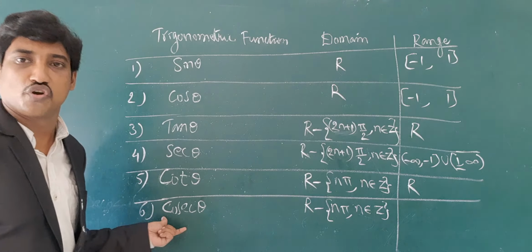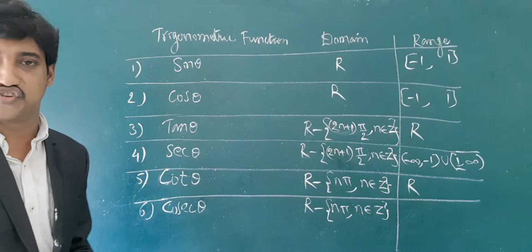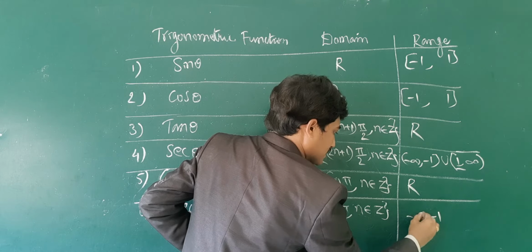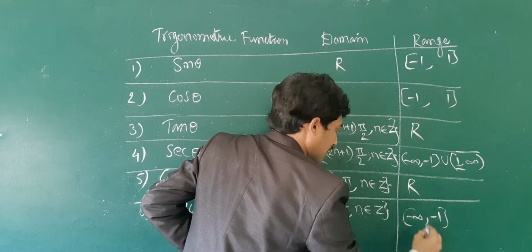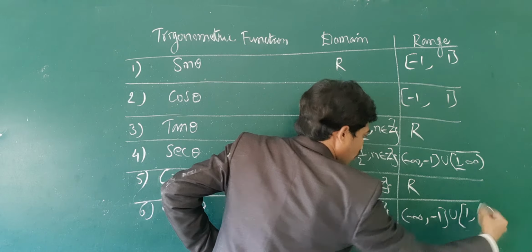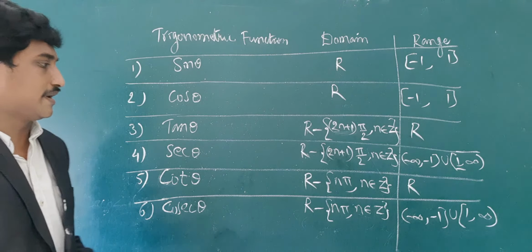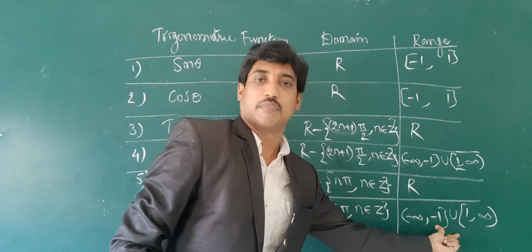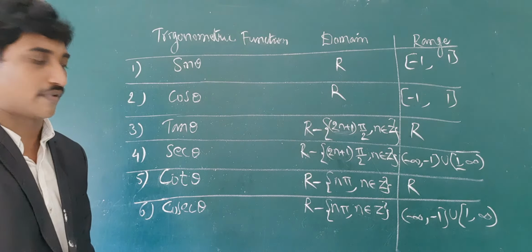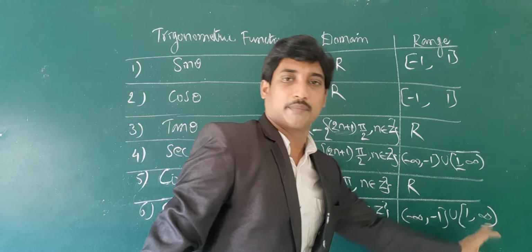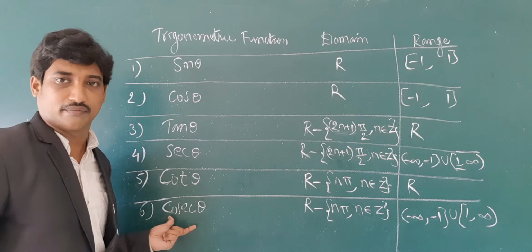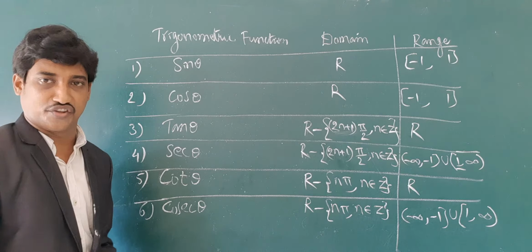Let us see its range. Like secant theta, it is open bracket minus infinity, minus 1 closed bracket, union, closed bracket 1, infinity open bracket. That means it takes any real number other than the values between minus 1 and 1: 1 or more than 1, minus 1 or less than minus 1. That is the range of cosecant theta.